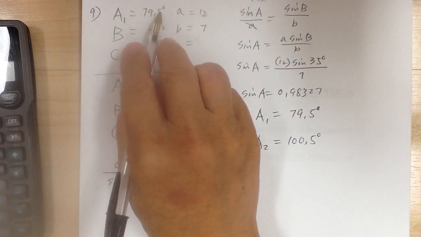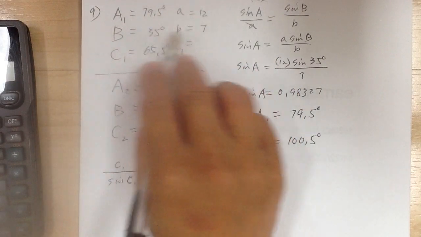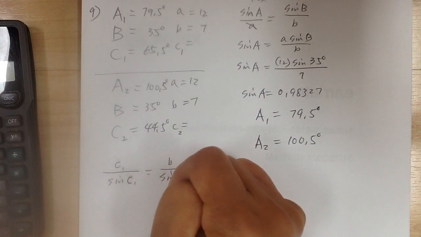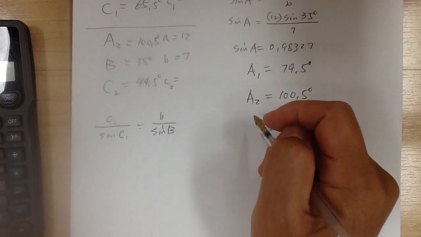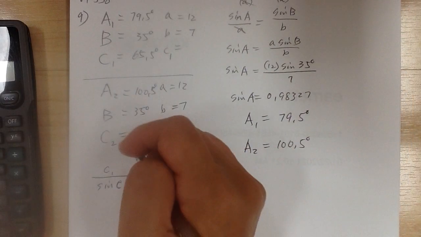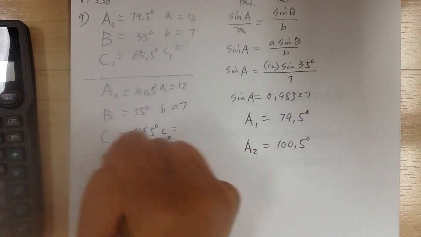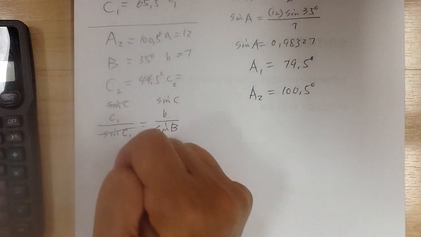The other one already has a number rounded off, so if you use that, the answer may be off a little bit more. So I'm going to use b instead of a. Then multiply by sine C, so this will cancel out, and put in the numbers.